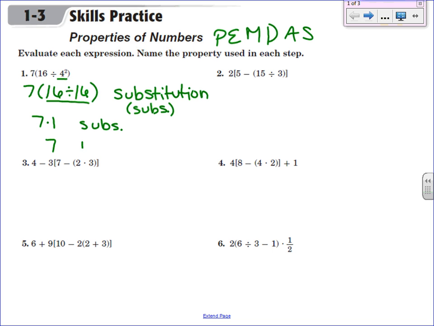It's the multiplicative identity. And from now on, I'm going to write that as mult ID.